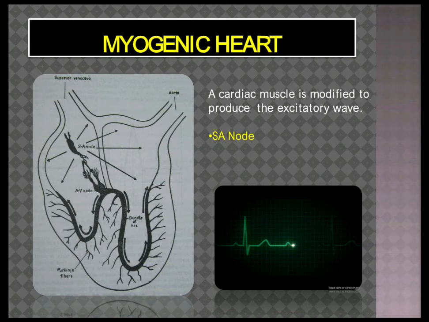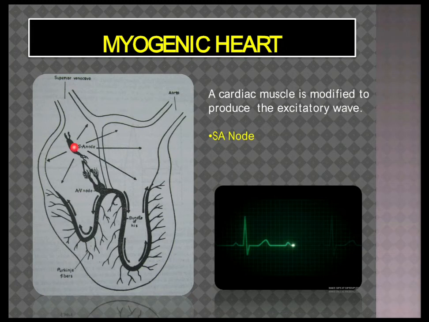So previously it was a muscular tissue, but with time in the embryo it was modified into such a beautiful electrochemical unit which can produce its own electrochemical impulses at a certain rate of 72 per minute.